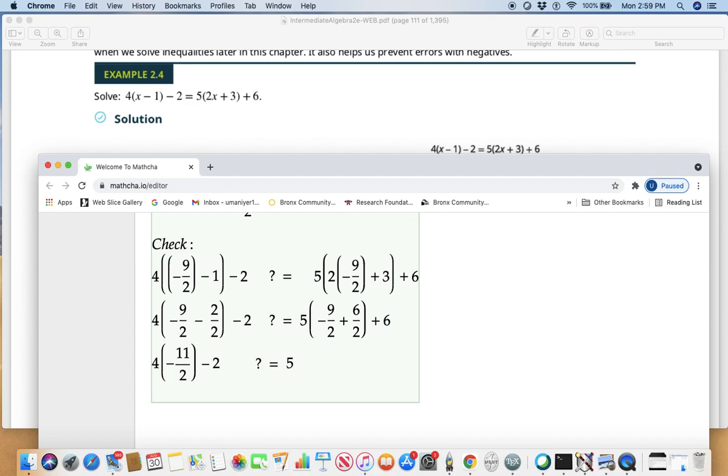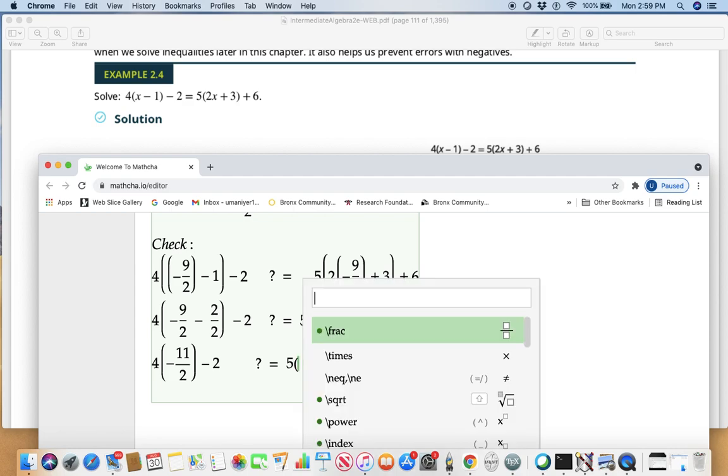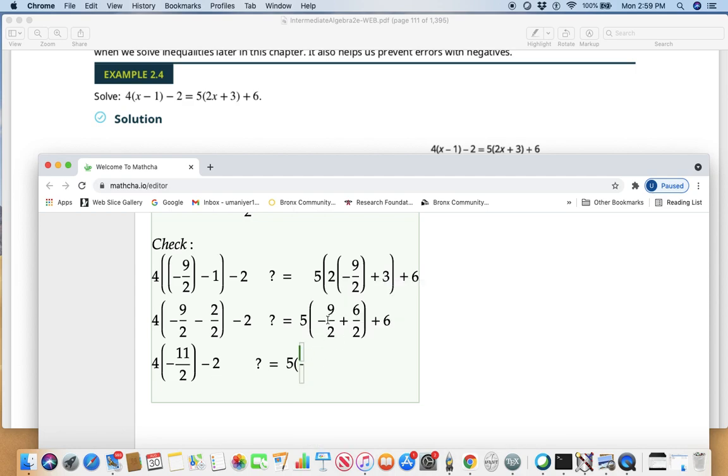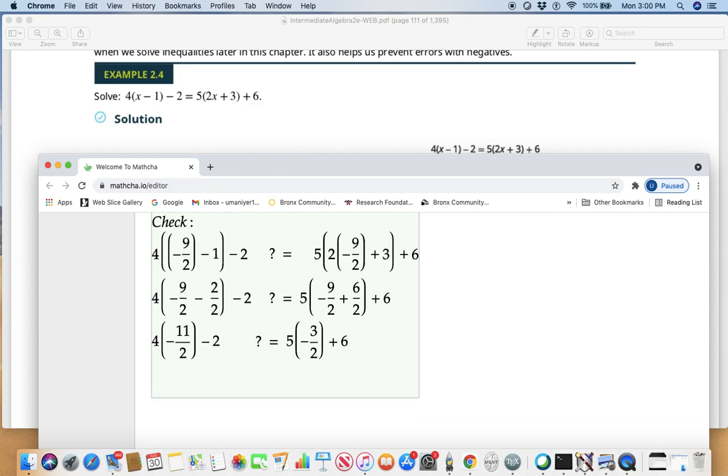5 times fraction. That's a bigger negative, so I'll keep a negative there, and you have a negative 3 over 2 plus 6. Okay, so question mark.